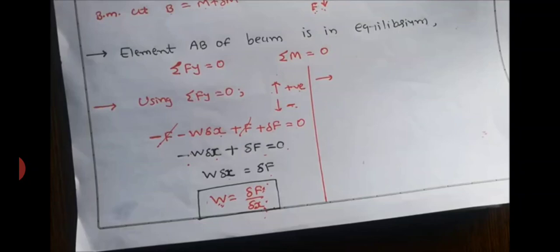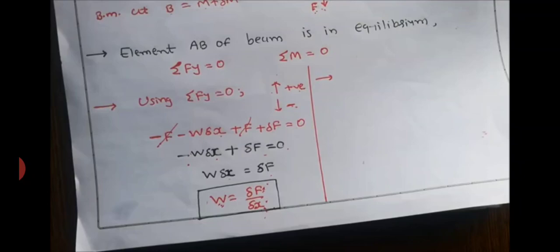Delta F means change in shear force, and delta X is change in length. Here W is the load. So from this equation you will get that the load is the change in shear force divided by change in length.